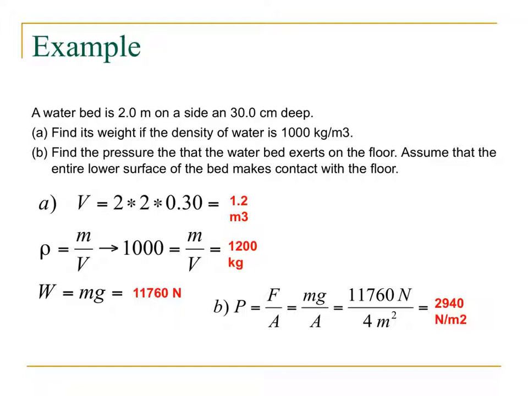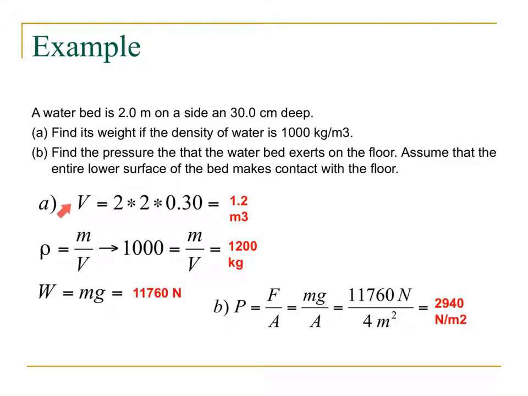We have a waterbed that is 2 meters on a side and 30 centimeters deep. We're asked to solve for its weight, and we're asked to solve for the pressure. So part A, we need to find its weight if the density of water is 1,000 kilograms per meter cubed. In order to solve this, the first thing we need to do is calculate the volume.